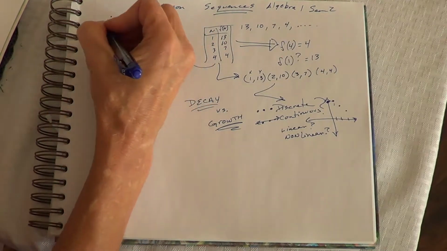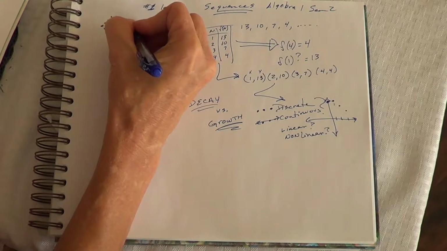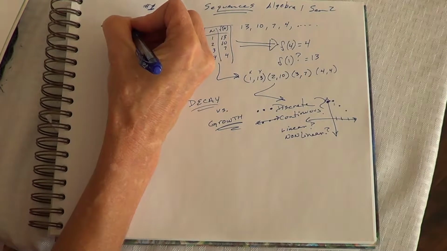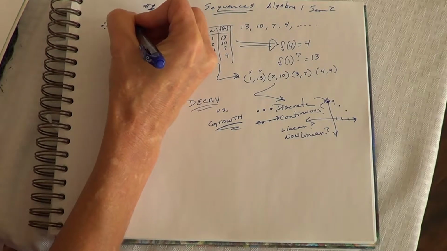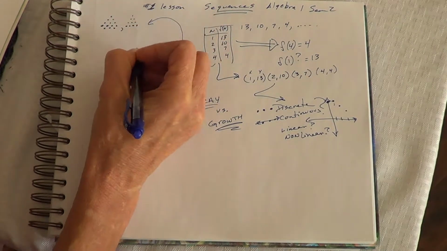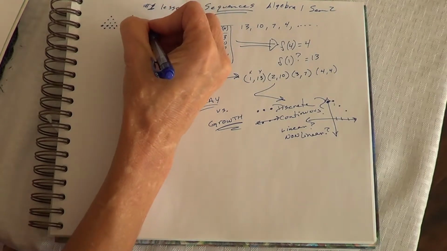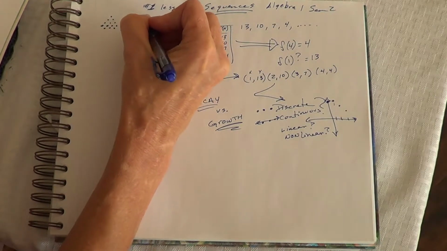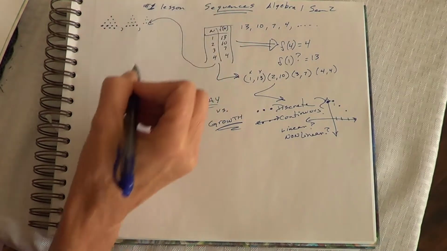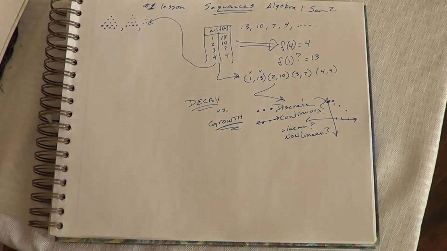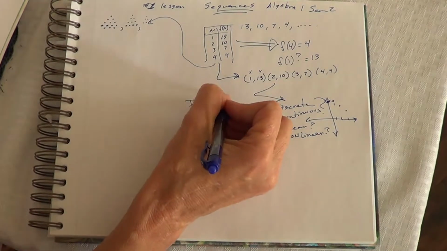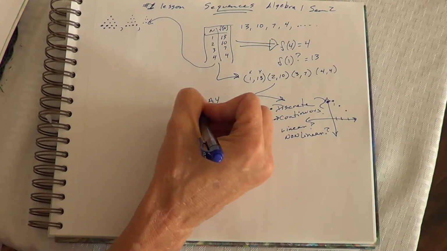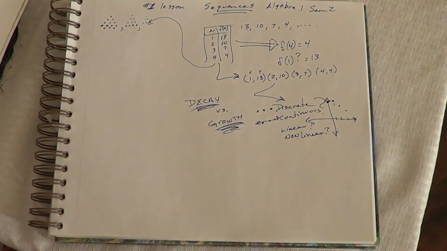Now we're going to go down to 10. Now we're going to go down to 7. So you can see what's happening to the number of items.